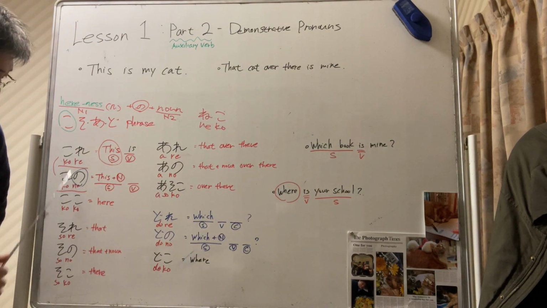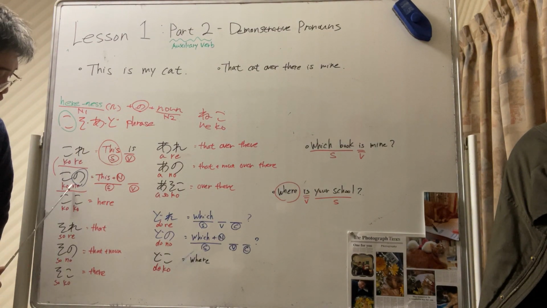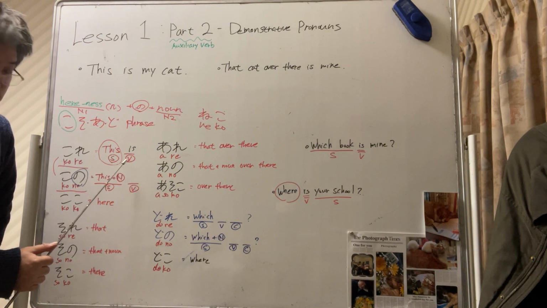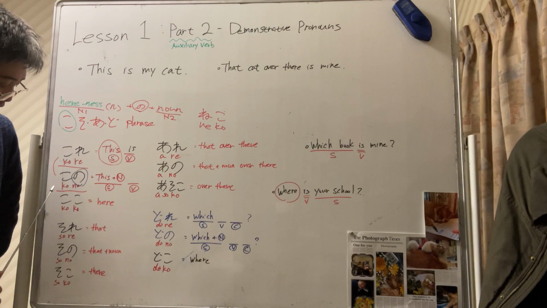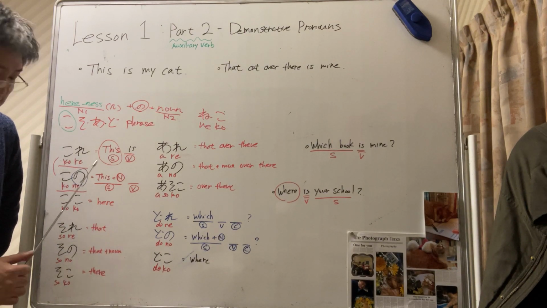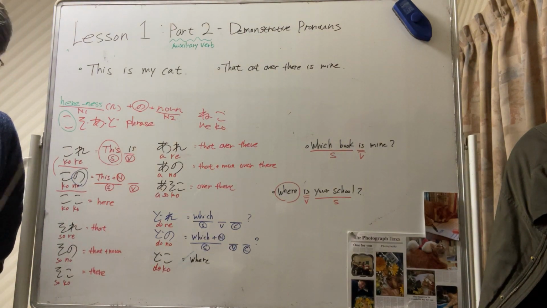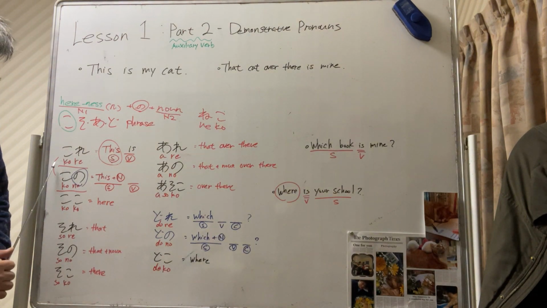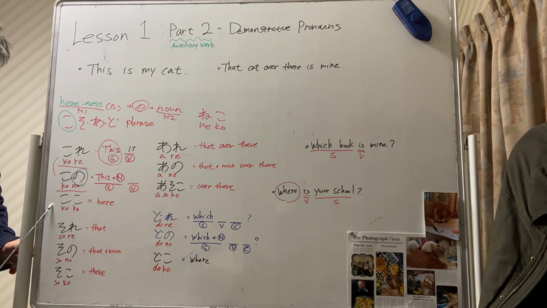Between the two, which one comes where: right after kore, the verb is followed, and right after no, a noun is followed, just as we explained in the no particle. And then the third one, ko, again here-ness, right?